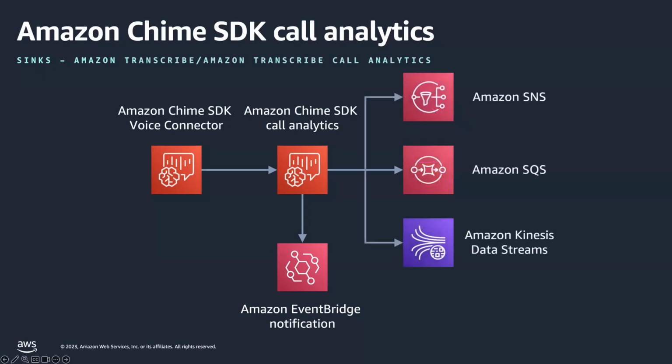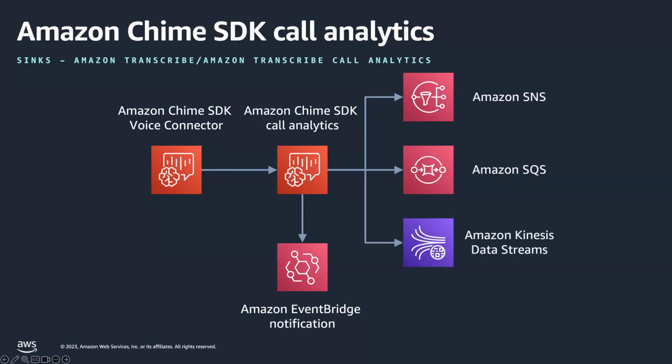The next piece, and you're going to see a pattern here, is where we're going to be outputting this stuff into three typical places: SNS, SQS, and then Amazon Kinesis Data Streams. The idea here is that we want to get you the data in a way that's easy to consume. So we're going to produce a Kinesis data stream with the information that's being sent out.